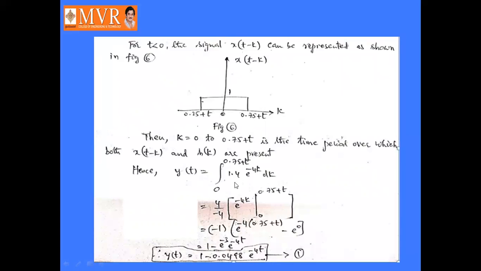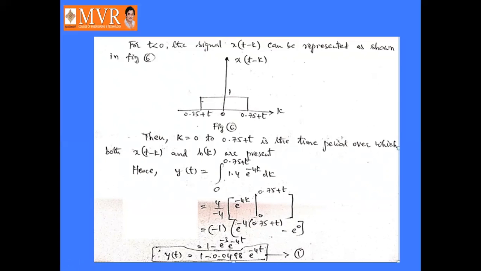Or it is 4 by minus 4 into e power minus 4k with limits 0.75 plus t to 0. So it is minus 1 into e power minus 4 into 0.75 plus t, minus e power 0. So it is e power minus 3 into e power minus 4t. E power 0 is 1. So its value is 1 minus 0.0498 into e power minus 4t.